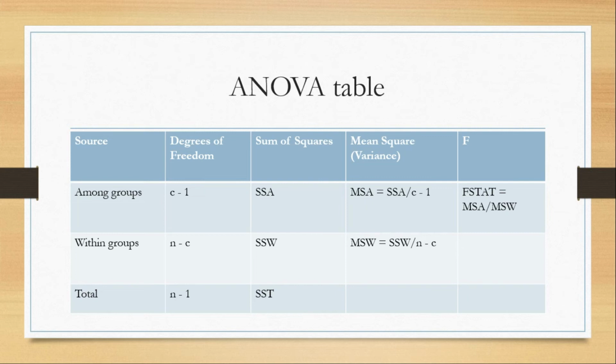Now the next, third column is of sum of squares. Then we calculate the sum of squares among the groups, within the groups, and the total. Using these sums of squares, we can calculate the mean squares. Mean squares are equal to the sum of squares divided by degrees of freedom, and these mean squares will help us to calculate the F statistic.